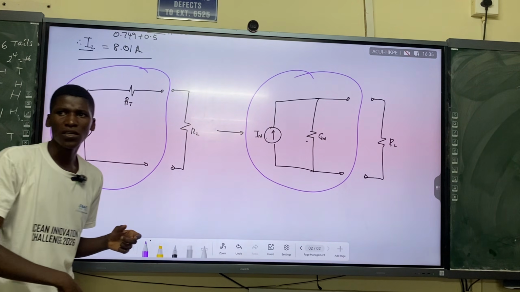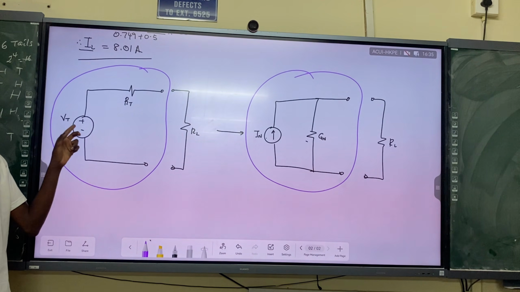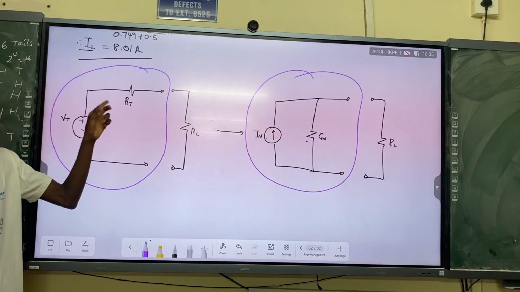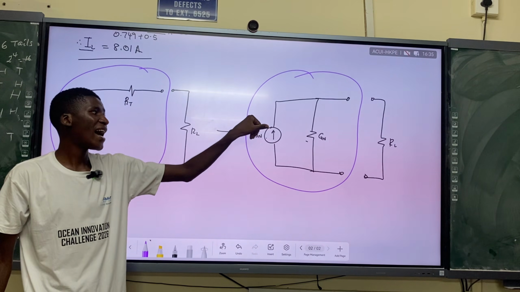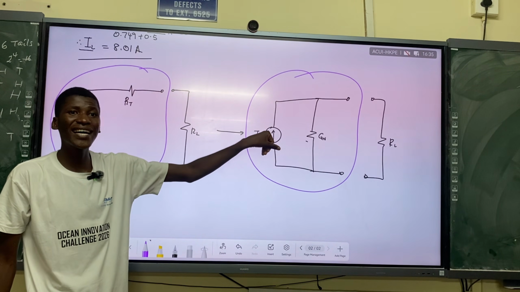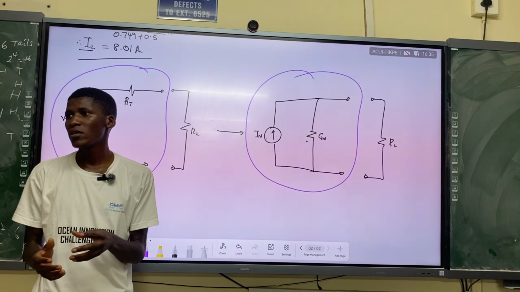A series combination of Thevenin's voltage and total resistance is the same as a parallel combination of an ideal current source, Norton's current, and Norton's conductance.